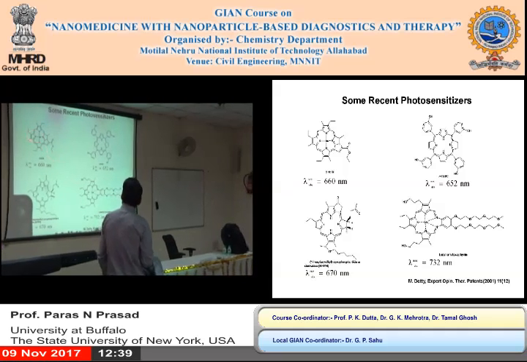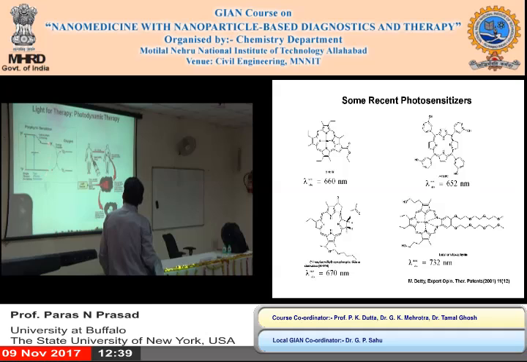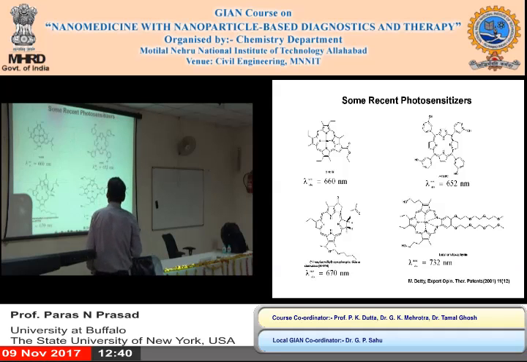So they're making photosensitizers that can absorb at a longer wavelength, like different windows of transparency. But the limitation is this, that this gap cannot be smaller than here. If it is smaller than here, then you cannot generate singlet oxygen. So there is a limitation of how long a wavelength you can go to. Okay? All right.